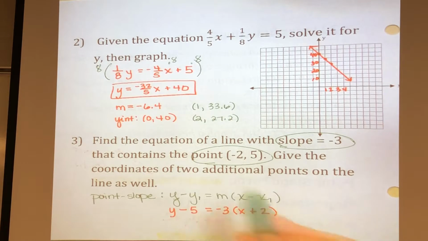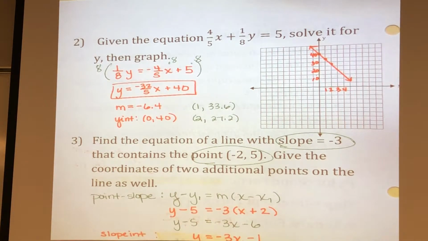So we distribute the negative 3, negative 3x minus 6, and then add 5. And when we do that, we have now put it in slope-intercept form. So y equals negative 3x minus 1.